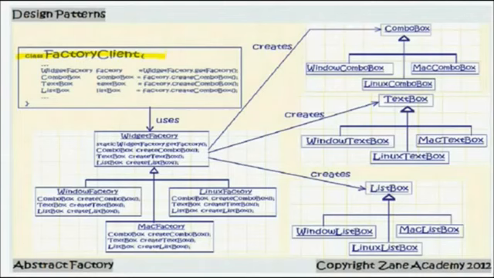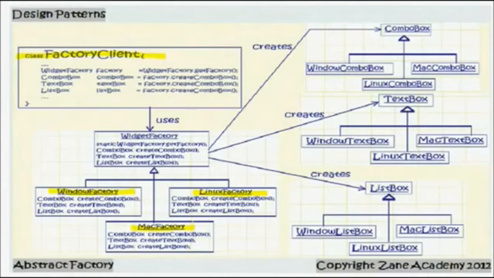What we mean by those widgets is a combo box, a text box, and a list box that form a family together. So essentially we have a Windows factory, we also have a Linux factory, and we also have a Mac factory.